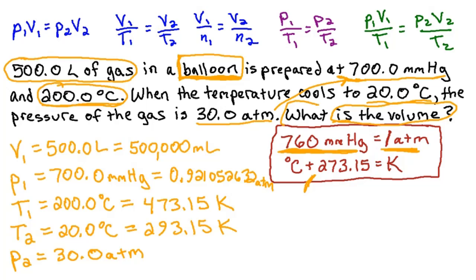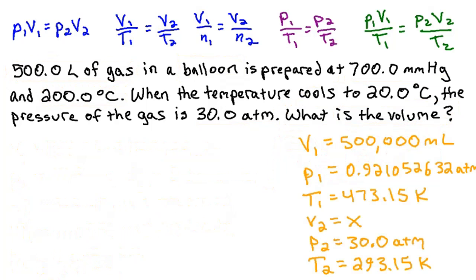And then it asks what is the volume, so our V2 is going to be our question mark, our X. So now I've rewritten this nice and neat over to the right hand side so we can figure out this problem on the left. So we have V1, P1, and T1, and our V2 is X, that's our question mark, and then we have P2 and T2.